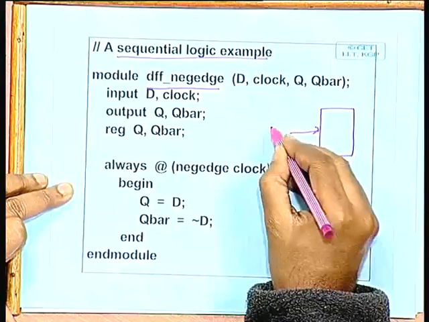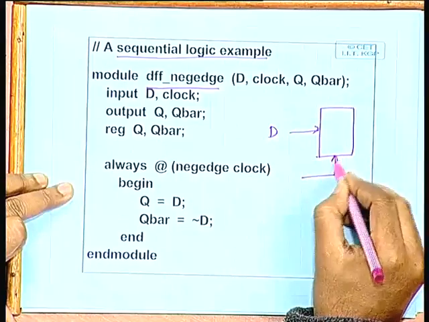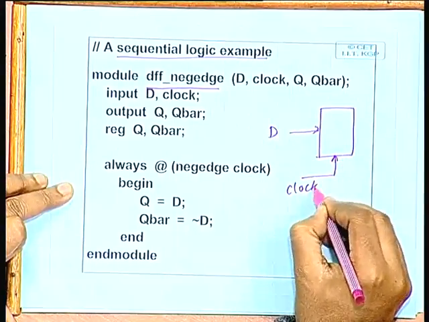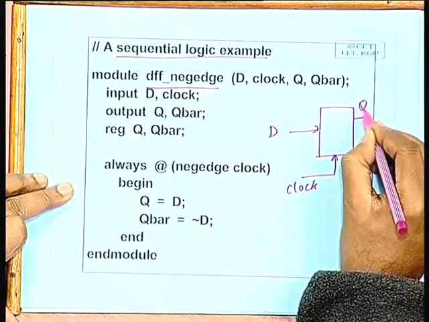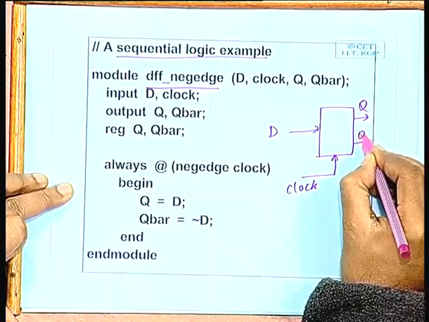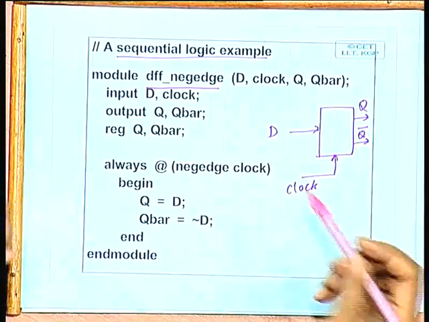The input will be D, you have a clock, and you have both Q and Q bar. This is what we are trying to synthesize.